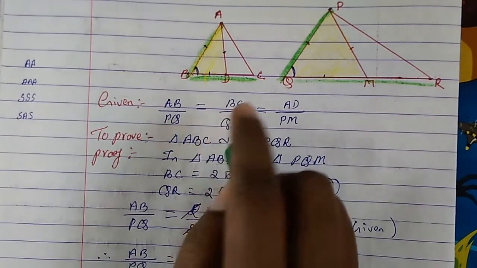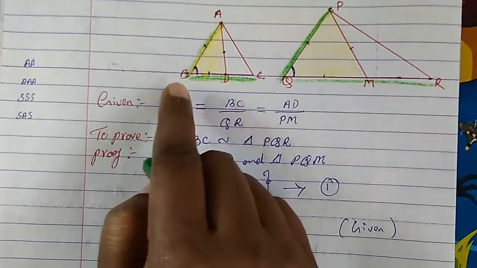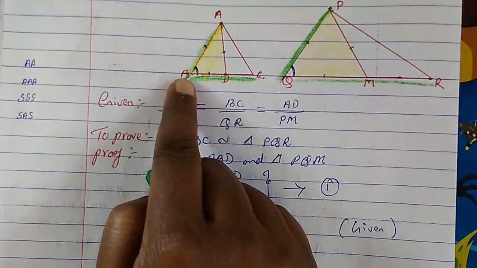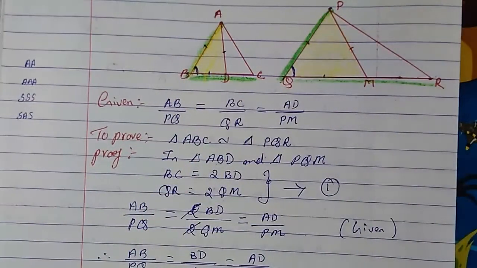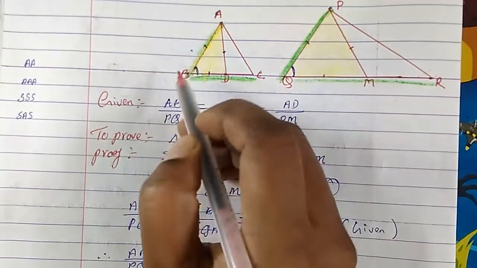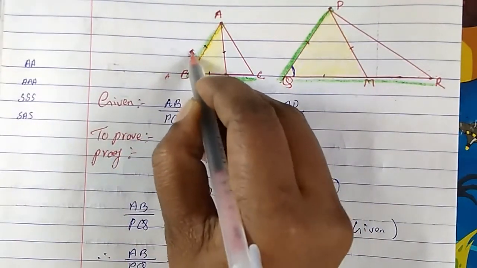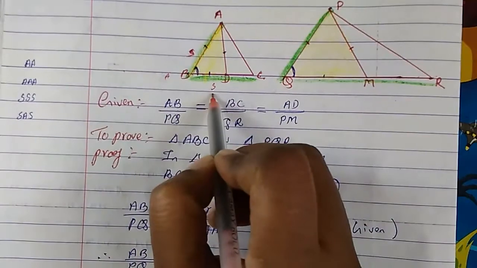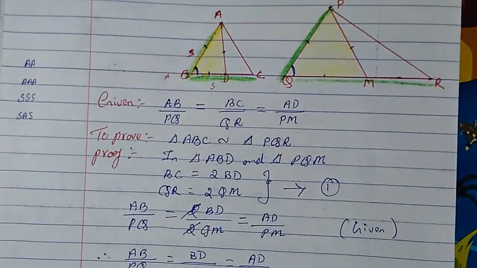Then, so two sides are over, we have side and side, two sides are there. Then we found out that angle B is equal to angle Q. So that means, can we use side angle side? Can we say both the triangles are similar?